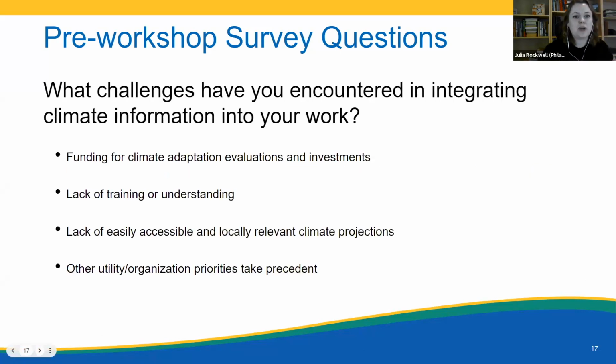Another pre-workshop survey question was, what challenges have you encountered in integrating climate information into your work? We received some great feedback here. Funding was a challenge many people identified, so funding for climate adaptation, evaluations, and investments. Others identified a lack of training or understanding to be a challenge.